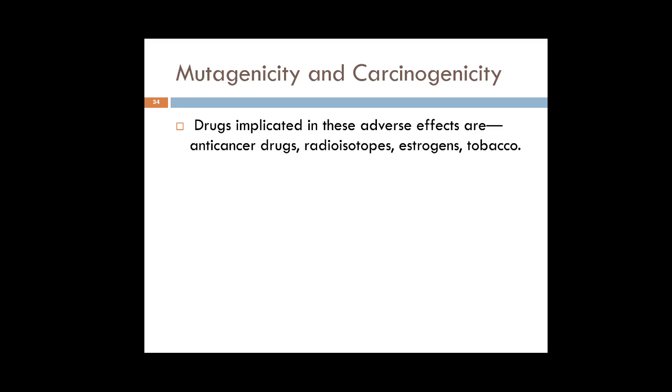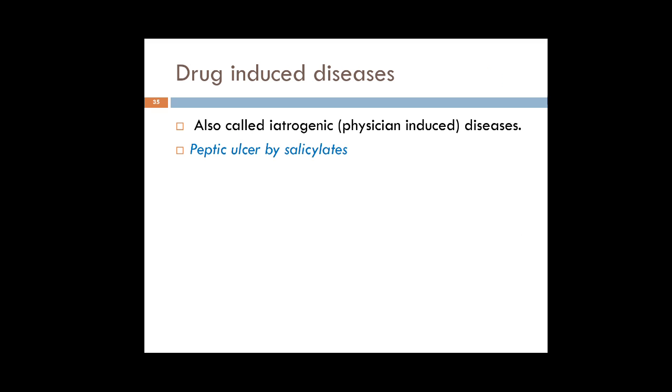If the drugs administered hamper the DNA and RNA sequence, it will cause mutations, and because of this mutation it can also lead to cancers. The drugs are anti-cancer drugs, radioisotopes, estrogens and tobacco. These are mutagenic and carcinogenic agents.